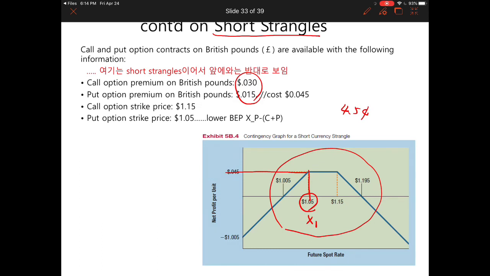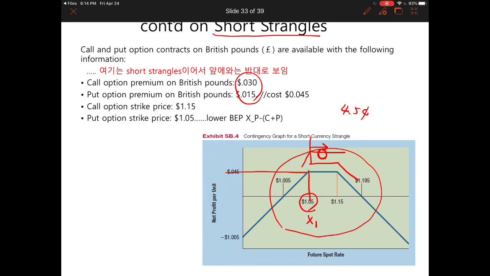Actually, it's kind of tricky. I sold the put, so if the price stays here or goes beyond, I can keep the premium I received. What about the call? I sold the call here.